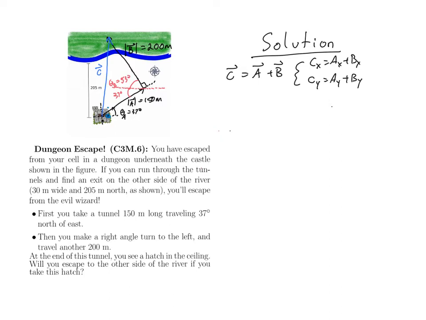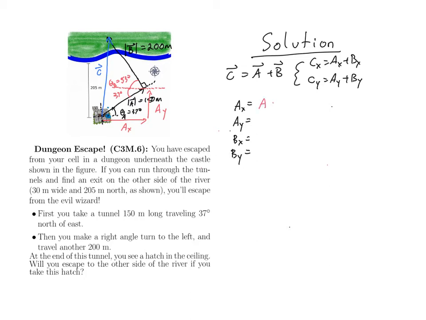To answer this question about what the vector represented by those two components is, I just need to figure out what the components Ax, Bx, Ay, and By are. I've got my triangles drawn over here, so that's going to be pretty easy. Here's my A triangle, so I have my Ax right there and Ay right there. I can get those just by using trig.